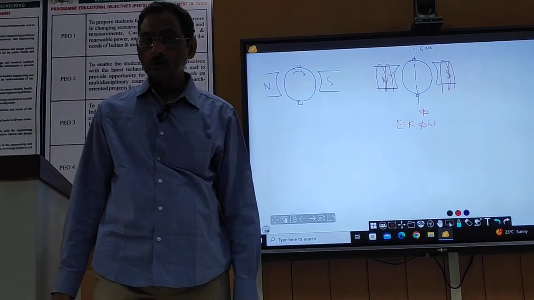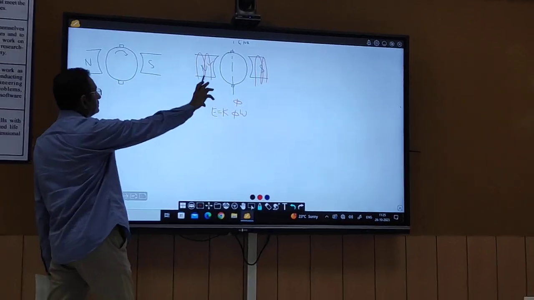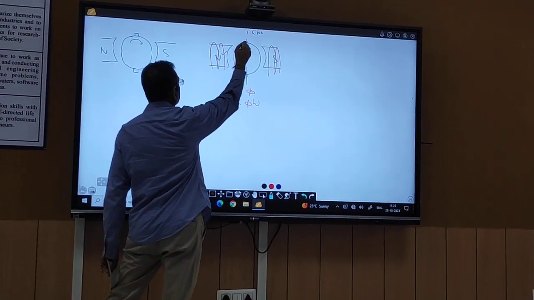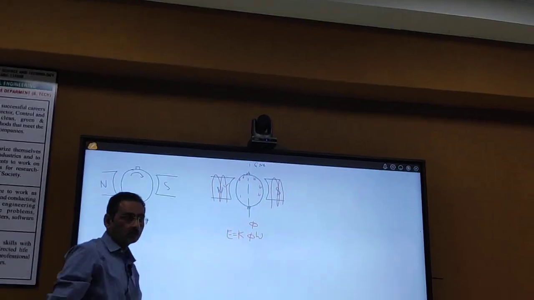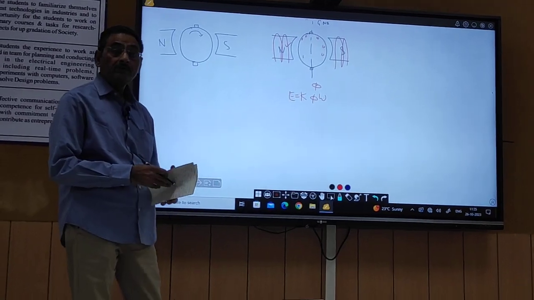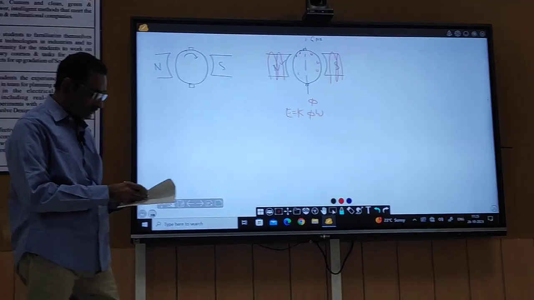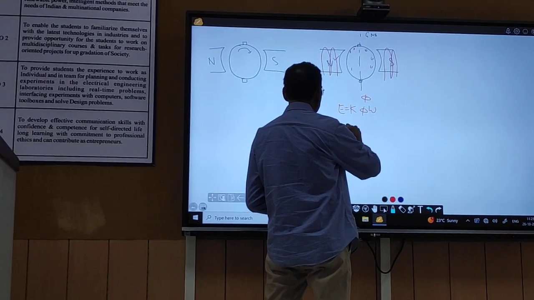But when you connect the armature, here there is an armature winding, and from here the currents are taken out. If you remember the armature winding, when we were describing it, it was like this.